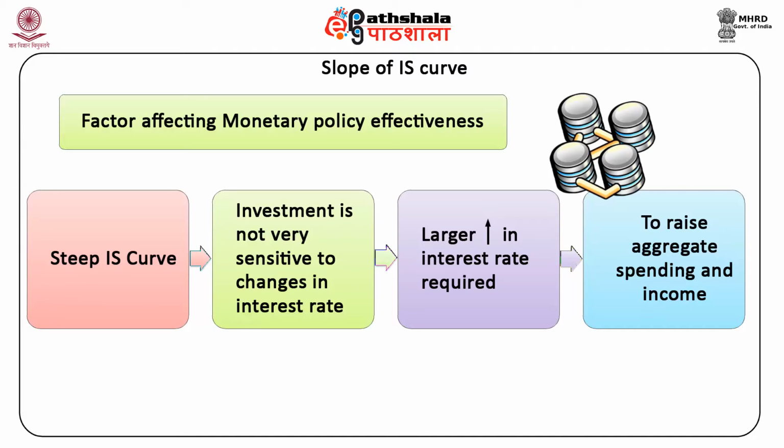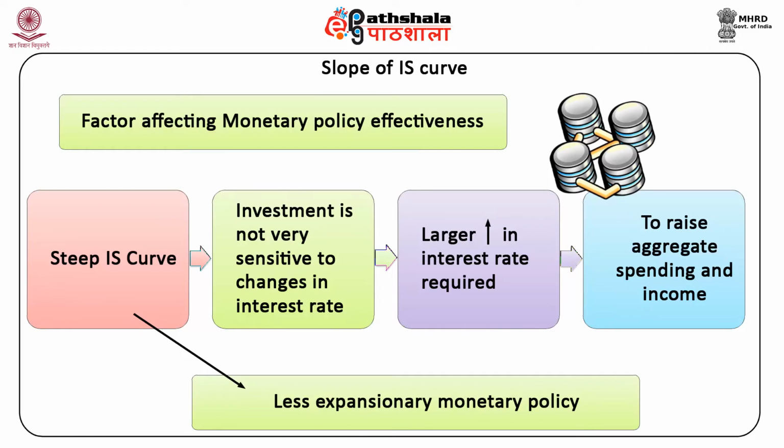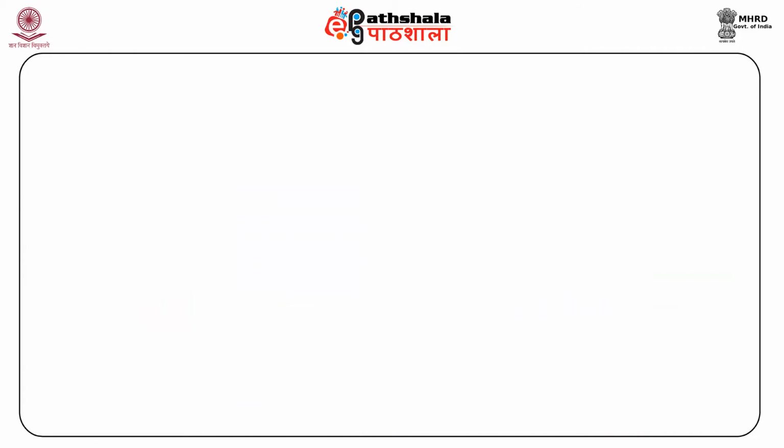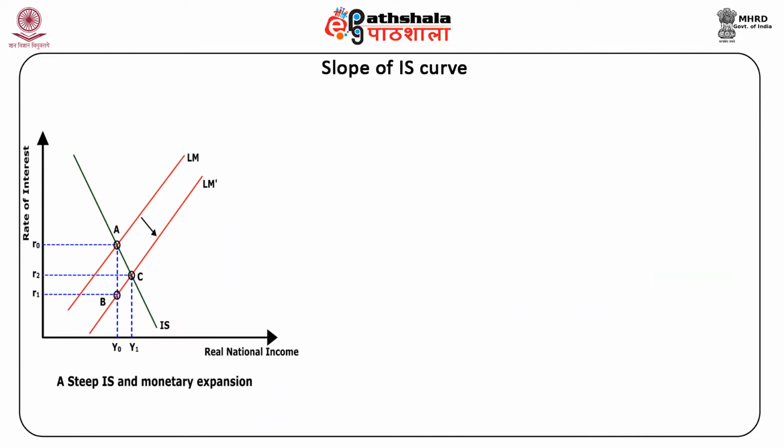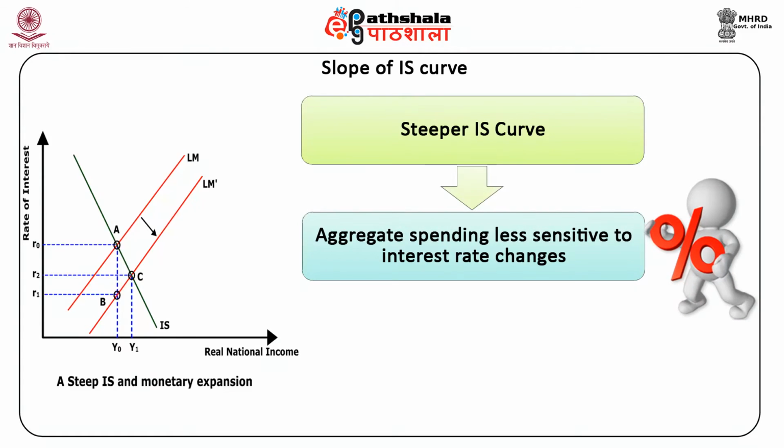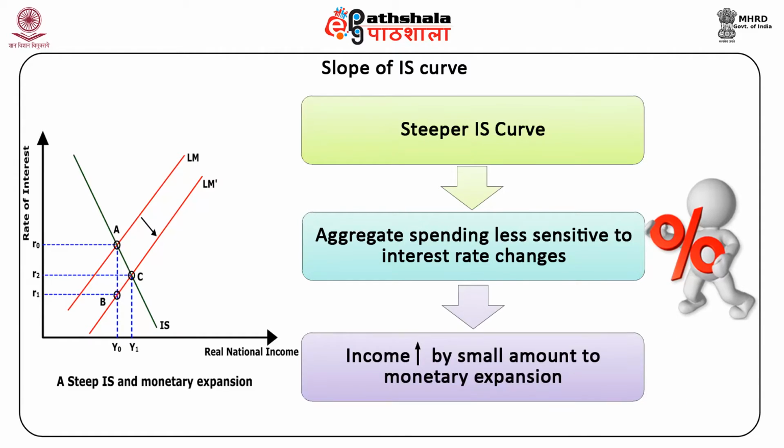Thus, steeper the IS curve, less expansionary the monetary policy will be. It can be verified from given figure. As IS curve is steeper, aggregate spending is less sensitive to changes in interest rate, and income rises by a small amount in response to a monetary expansion.